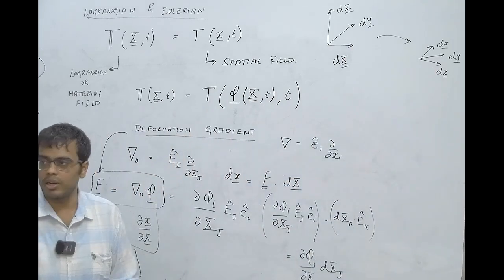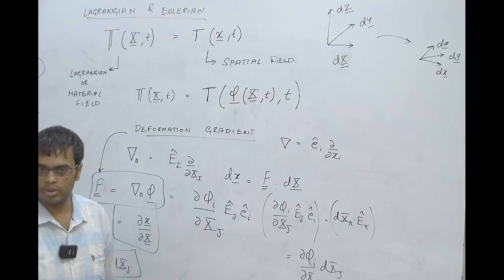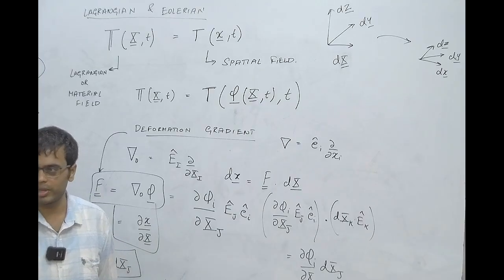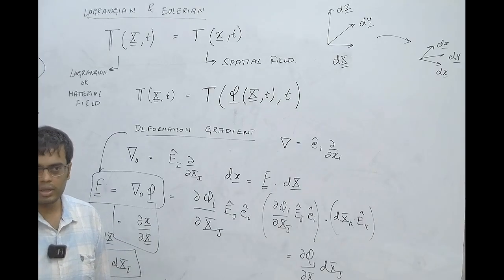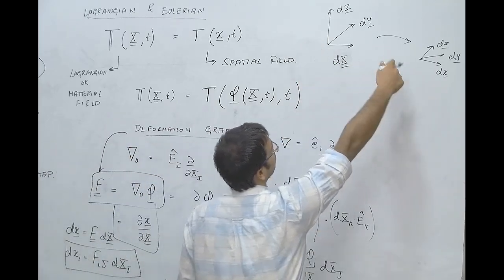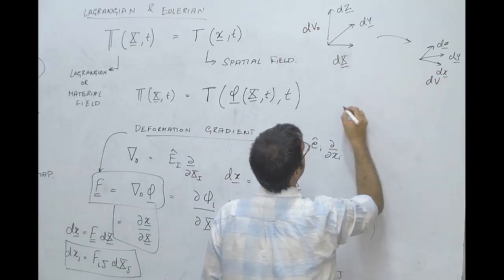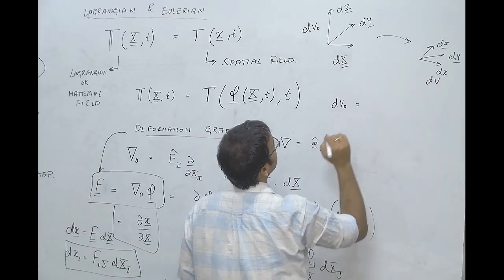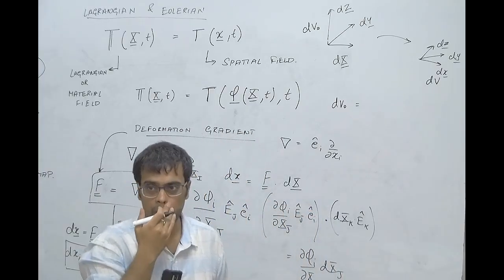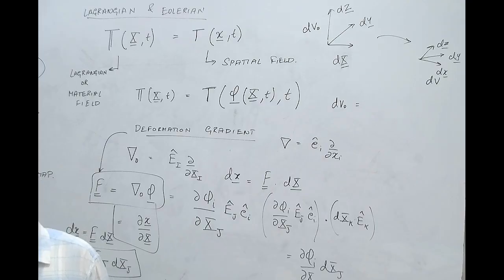Now, there is a parallelepiped defined for both of these sets of vectors, and what is the volume of that parallelepiped? How can we write the volume? If you know these vectors, what is the volume going to be? What is, let us say, dV naught going to be? Scalar triple product, right?